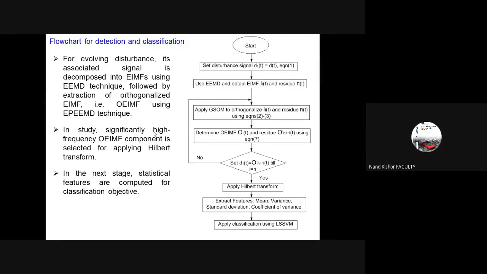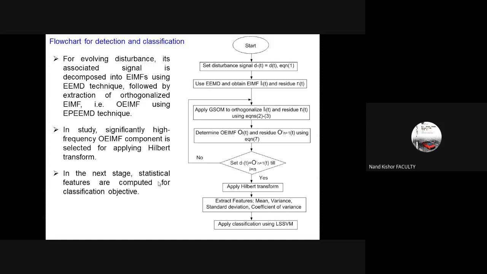The signal is decomposed into several orthogonal IMFs, right? But it is also very important to select which IMF to be considered for your analysis here. And for our case, we have used the significant high frequency component here. So we checked which orthogonal IMF has the highest frequency component, and following this, we applied the Hilbert transform to the selected orthogonal IMF.